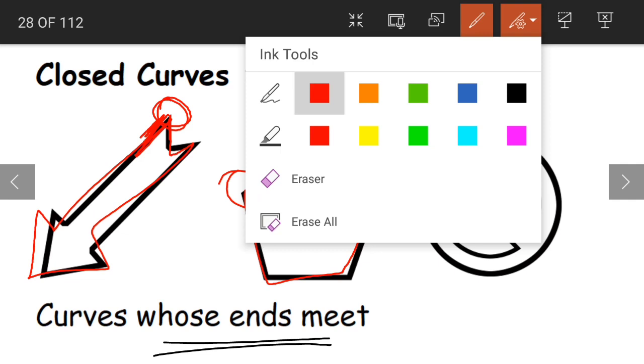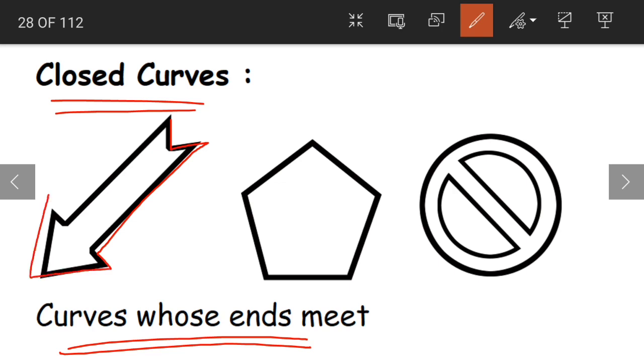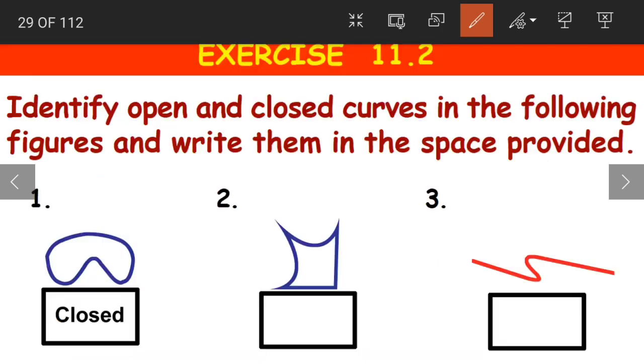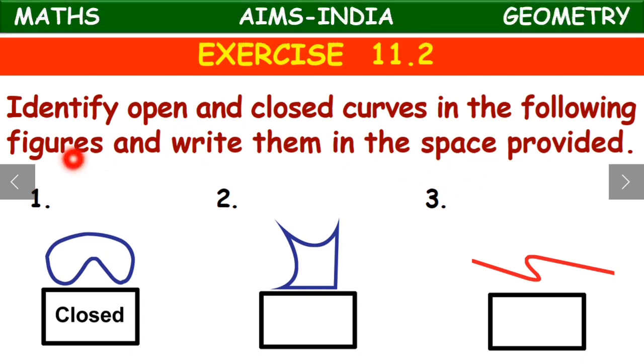Yes or no? So like this, the ends of these curves meet, hence they are called closed figures. As the ends of the curves meet, they form a closed figure, that is nothing but they are also called closed curves. Now exercise 11.2.